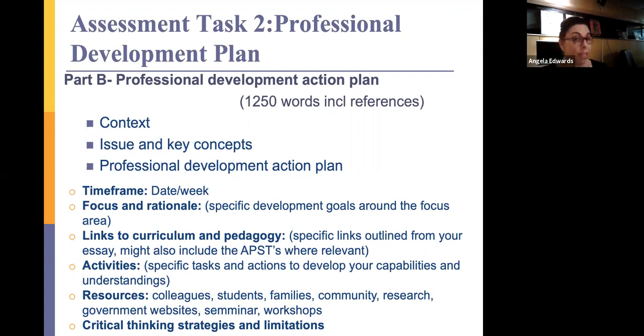So finally, your action plan. This is a physical plan. So there is an example template on Blackboard that you can use, or you can develop your own. Now, for those of you who complete professional development plans in your teaching settings, you're welcome to expand on these as long as it includes the dot points on the template.